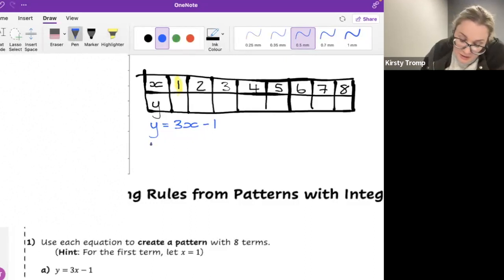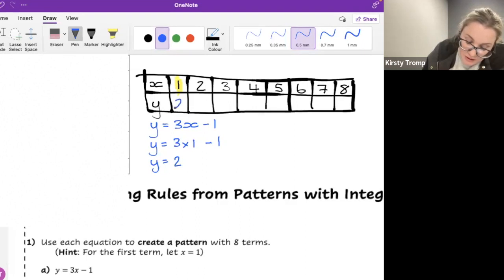So y is equal to 3 times 1 minus 1. 3 times 1 is 3, and 3 minus 1 gives me 2. So on the bottom here, I'm going to put a 2.